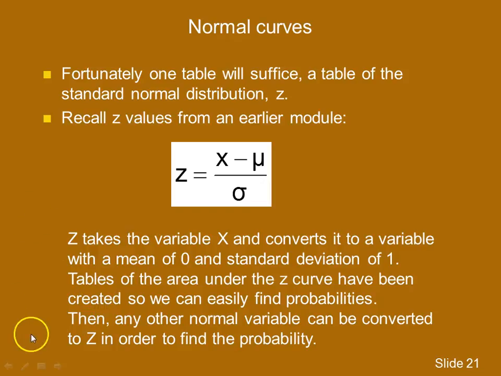So the standard normal curve is just a normal distribution that sits on a mean of 0. Every 1 unit is a standard deviation. And most textbooks have a table of normal distribution probabilities based on the Z curve. And once we learn how to read that table, we'll be able to find normal probabilities.